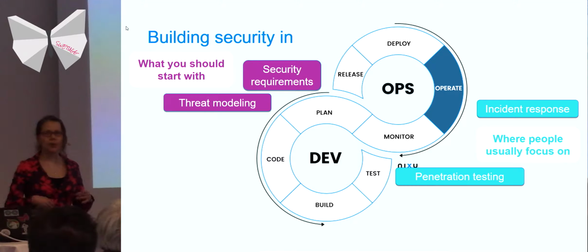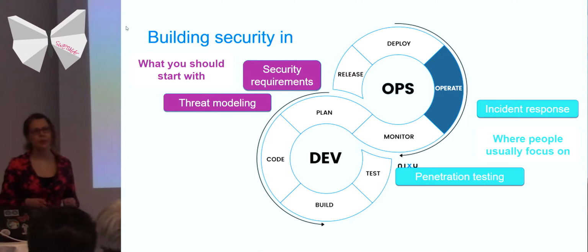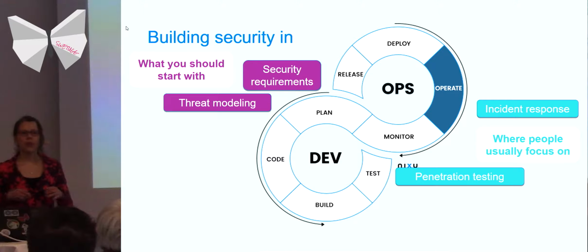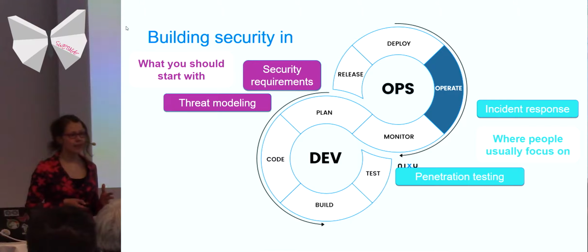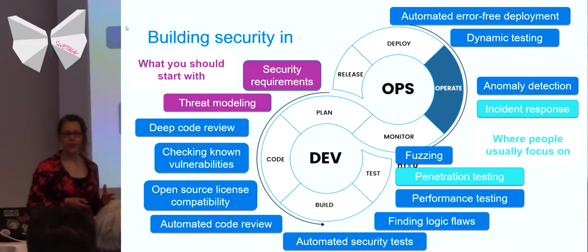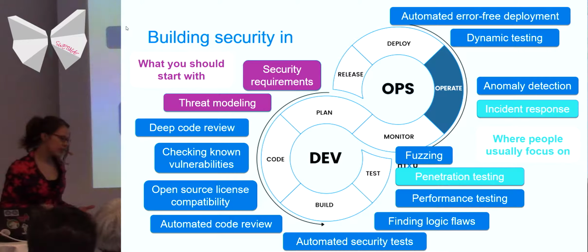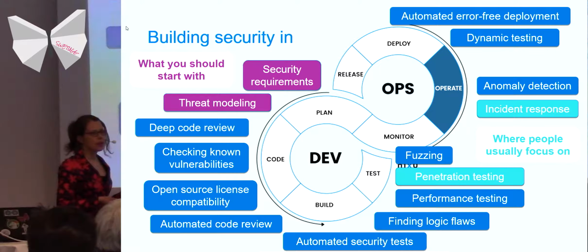You could start by building security requirements to analyze what level of security you need to aim for, and do threat modeling to find out what is the bad thing that could happen, and then try to mitigate that. And there's so much more. There's something security related you can do for every step in the software development lifecycle.